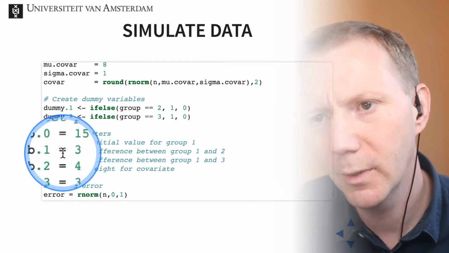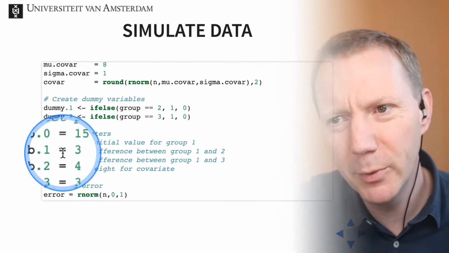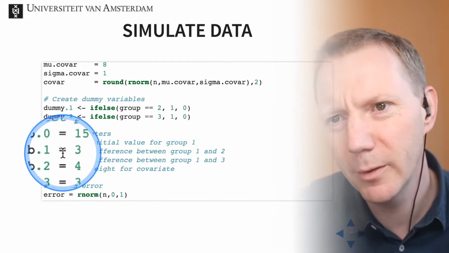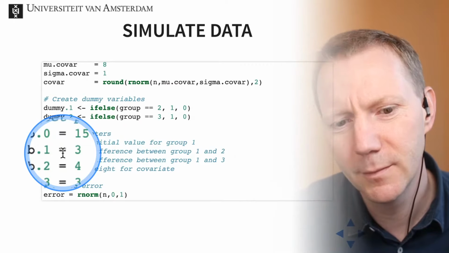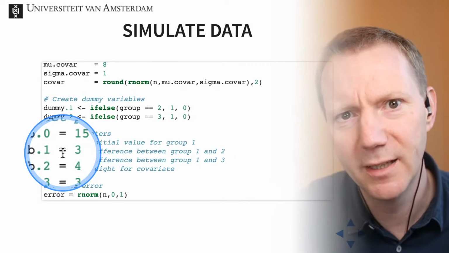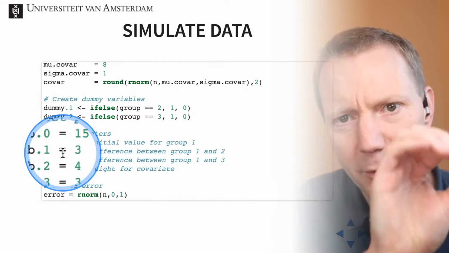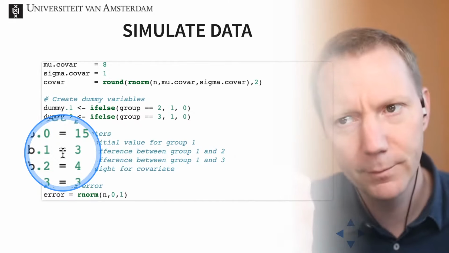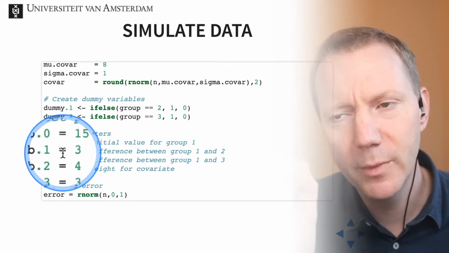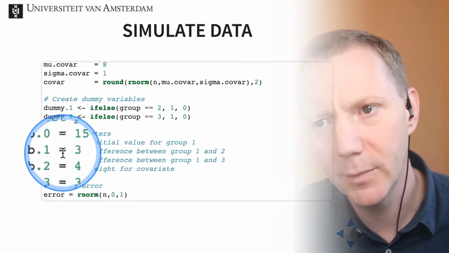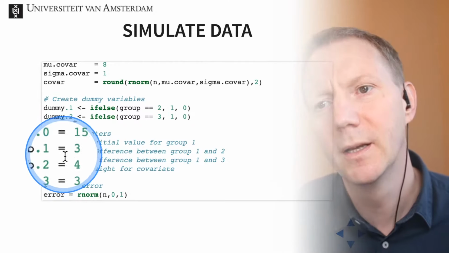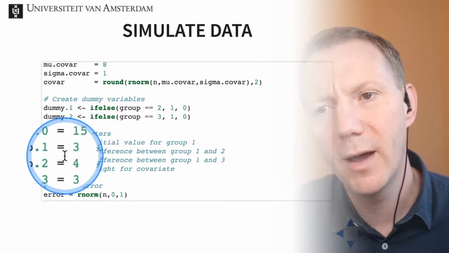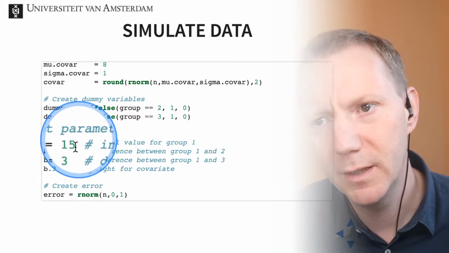What is the mean that we put into our simulation for the German people? 18. Exactly. Because the regression model adds it all up, it's 15 plus that 3. And that also means that for the Belgian people, you have to add 15 plus 4.